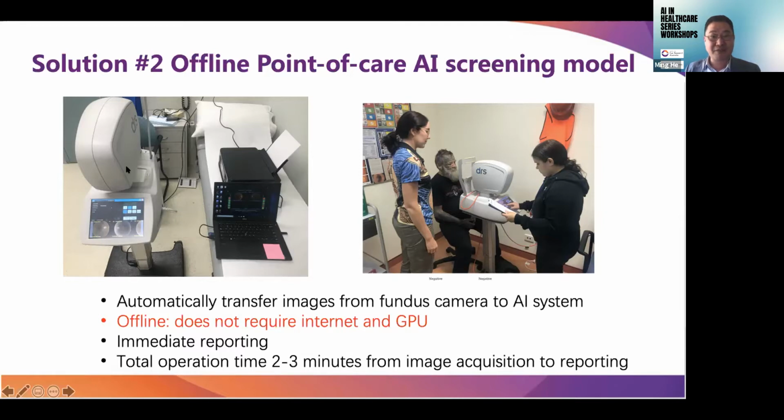We connect the fundus camera with a small, conventional laptop. It doesn't require a GPU facility, only a printer. Whatever image is taken is automatically transferred to the laptop, and then the classification report becomes available and is printed out. It takes just 2 to 3 minutes to complete the whole process.